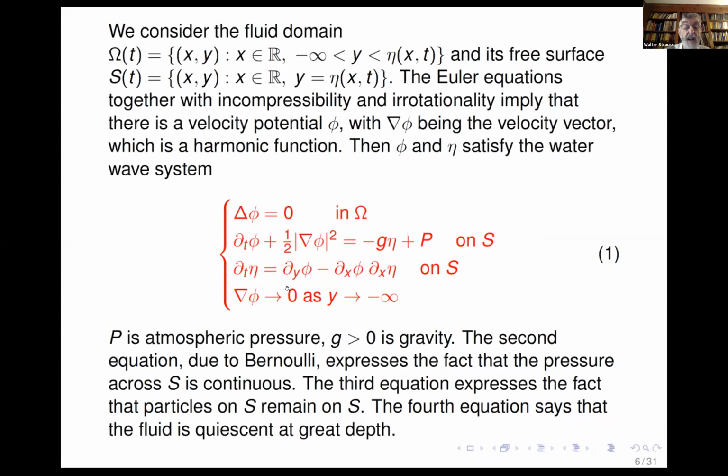And so the velocity goes to zero way down at the bottom. And then you have the two boundary conditions. The first one says that the pressure is constant on the surface. And the second one says that the particles which are on the surface remain on the surface. So I'm going a little faster than I might otherwise.